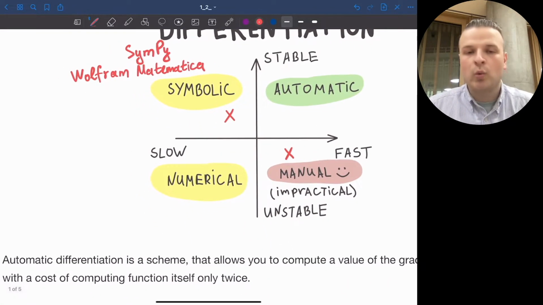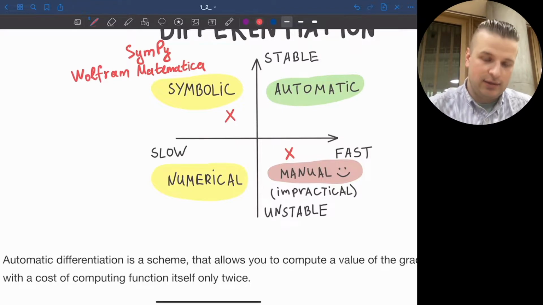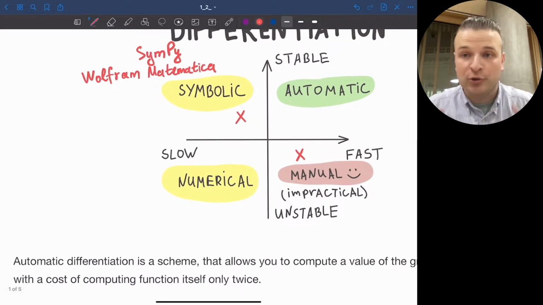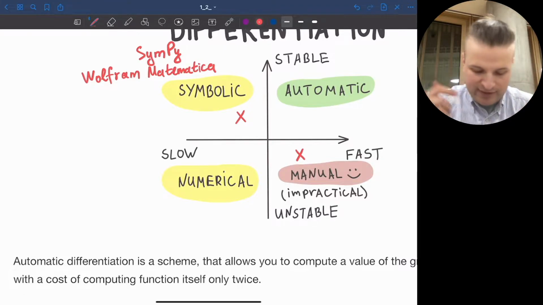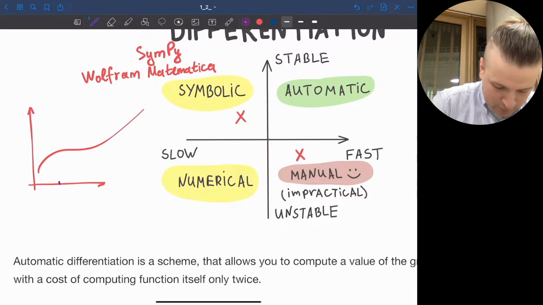There is one more way to compute gradients or derivatives. It's what is called the numerical derivative. For example, imagine that I have a function like this, and we have 2 points here, x1 and x2.